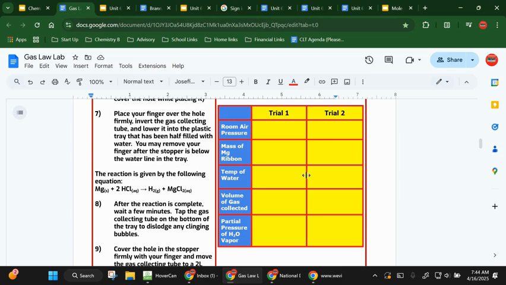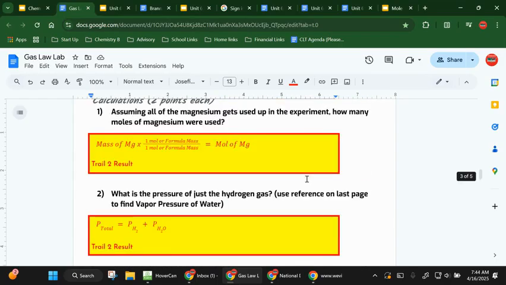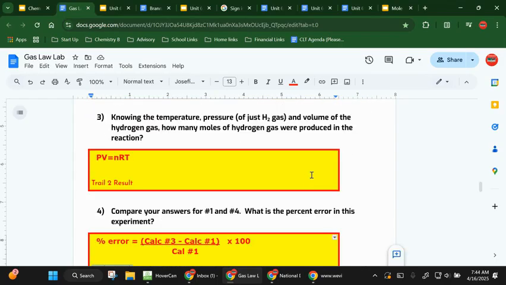Now, rearranging this formula to solve for n, you are going to take your pressure and your volume, multiply them together, and divide by your R value and your T value. That is how you get the n in calculation number 3. Are there any questions on that?